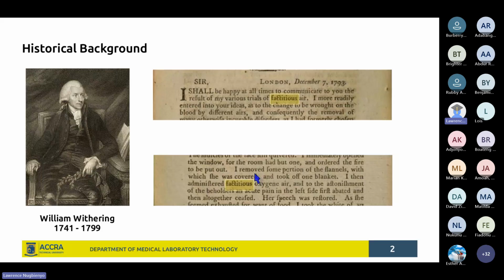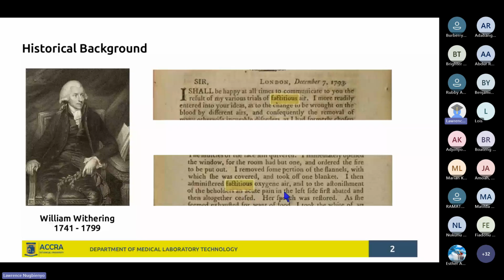It's just like how today we have, say, oxygen, like you have an oxygen tank in the clinic that is being used, things like that. That is artificial air. So he was referring to how factitious oxygen air was administered, and he documented his observations of the effect of such factitious air.